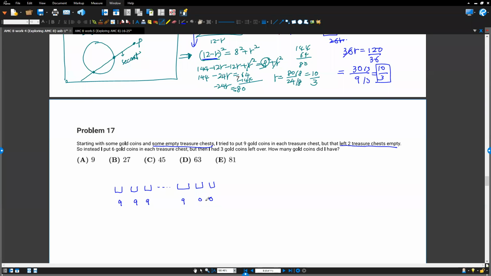So we're going to find how many gold coins I had. The total number of chests we can call n chests. When you put 9, 2 are empty. So what is the number of coins? 9 times n minus 2, right? 2 are empty, so 9 times n minus 2 is the total number of coins.